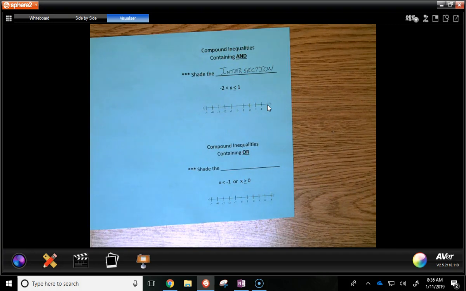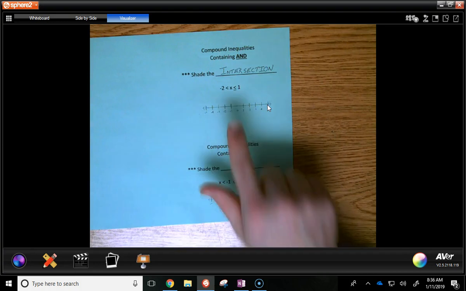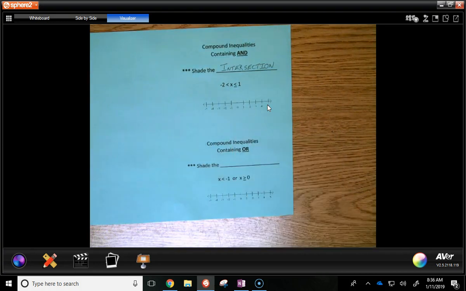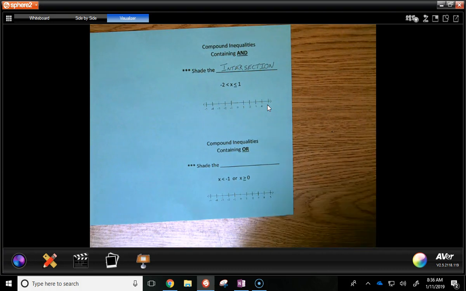Alright. So when we look at this one, we have -2 is less than x, and x is less than or equal to 1. This is a compound inequality. There's our inequality, -2 is less than x. But I also have x is less than or equal to 1.